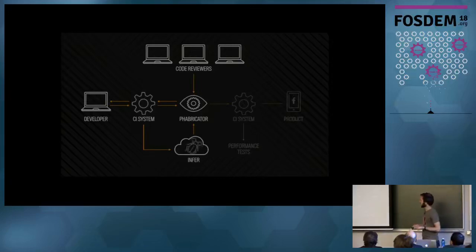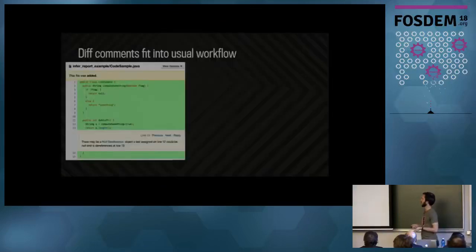If it finds bugs, it reports them on Phabricator, which is our code review tool that's also open source. Infer comments look just like other human reviewer comments. In that case, that's a report generated by Infer saying there might be a null reference caused by the diff.